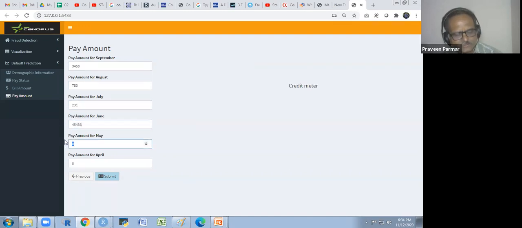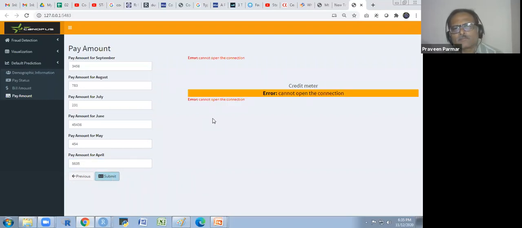I don't know whether it will work or not because of some issues. Cannot open the connection because of these figures.